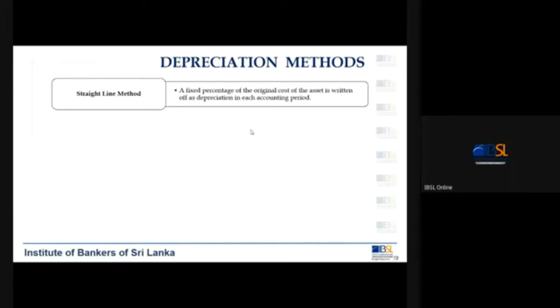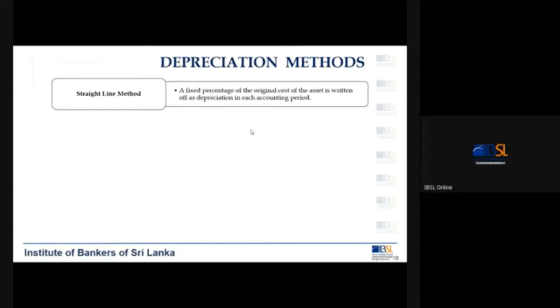The residual value component is actually something coming separately. When we talk about depreciation, we always talk about depreciation on cost. But you have to remember what you have to depreciate is the depreciable amount. Questions may come in various ways. Sometimes they will be silent about the residual value.